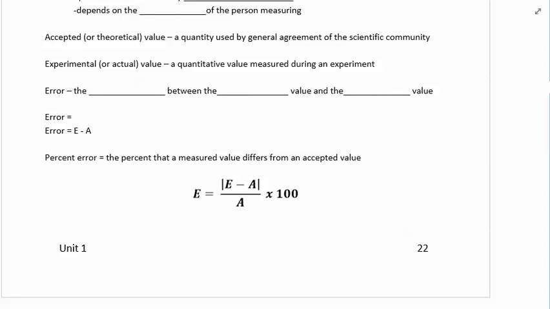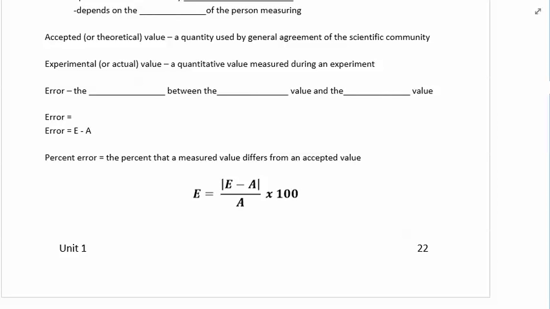The other option for us is the experimental value. So this is a value that someone was in the lab and measured. So this is a little bit different than the accepted in that it was measured by someone and there's no real indicator of how correct they were.